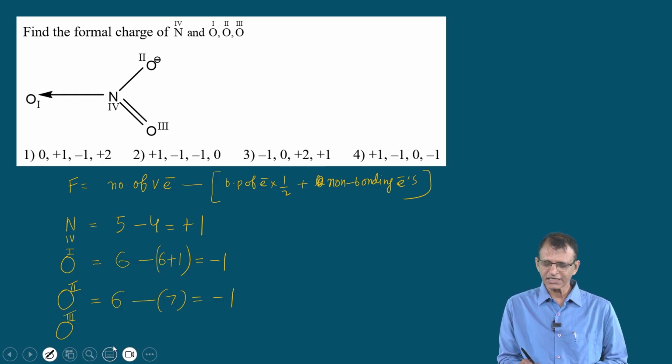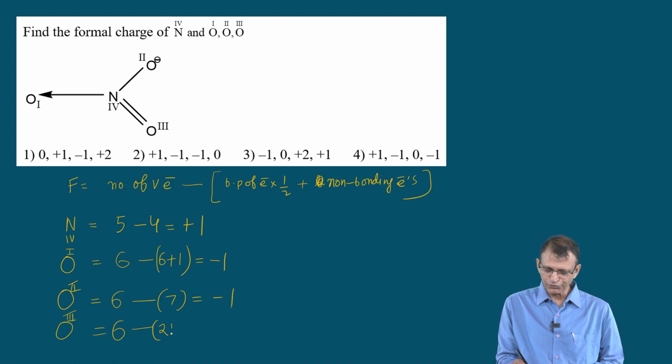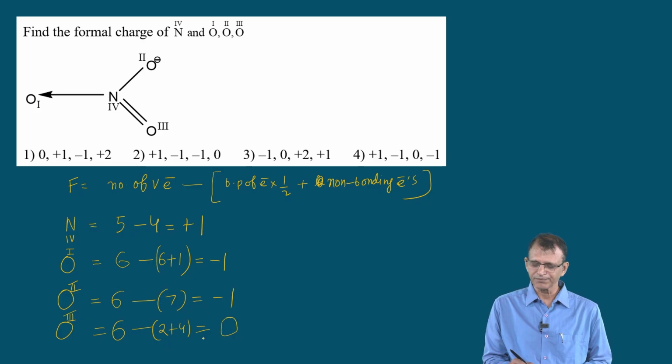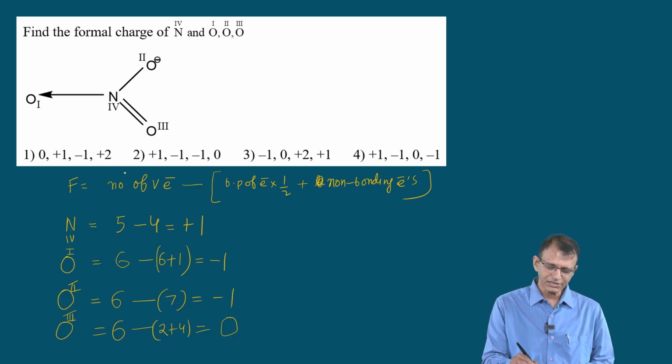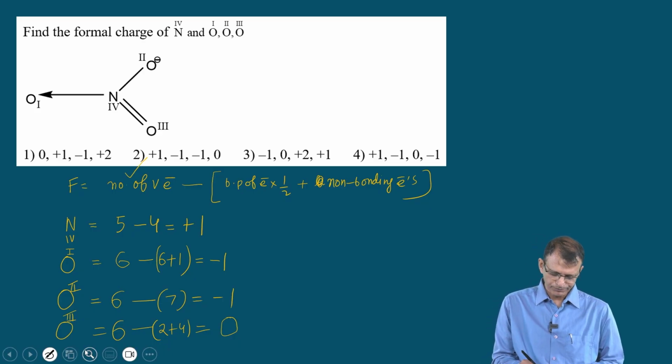Before bond formation, 6 electrons are there. There are 2 bonds, so corresponding to 2 electrons, and there are 4 electrons which are not forming bonds, right? So unshared electrons are 4. The difference of these two will be 0, right? So we are now confirmed that the second option is the answer for this.